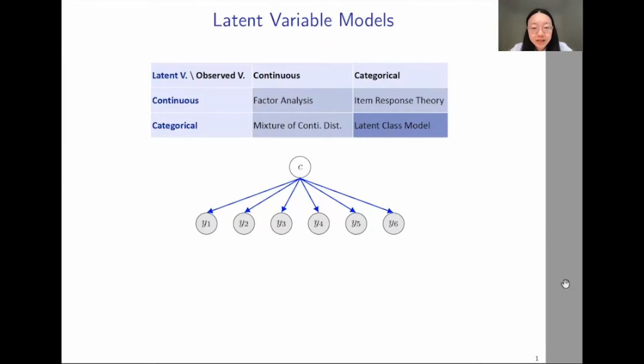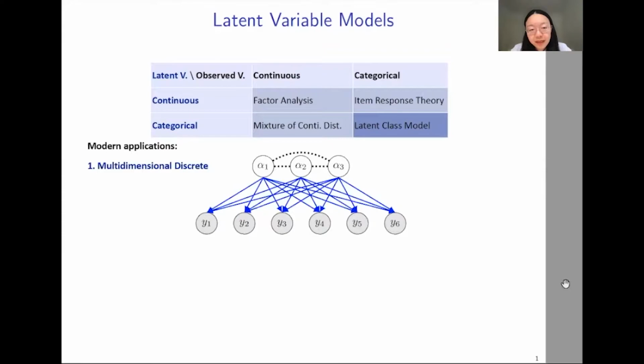But modern applications require more flexible and complicated tools. For example, in some applications, it is desirable to model the latent constructs as multidimensional to capture the fine-grained latent information. And it is sometimes useful to impose a sparse graphical dependence between the observed and the latent variables.